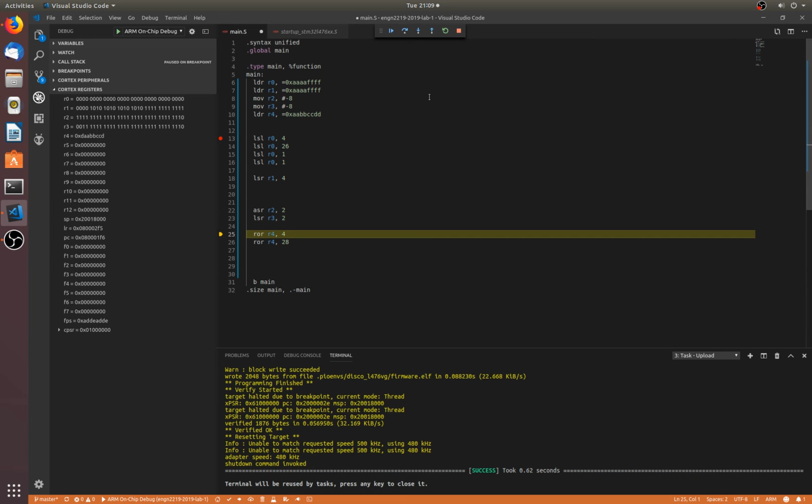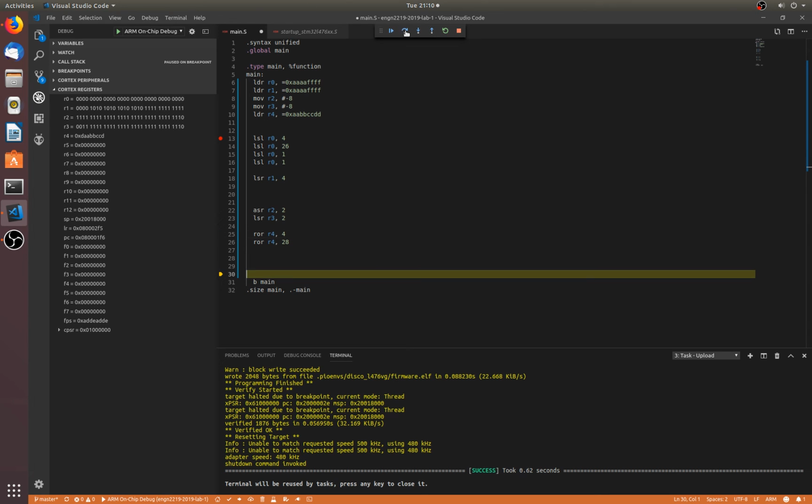Now, a question someone asked me at some point was, why is there not a rotate left? Well, remember that everything is going to wrap around, so we can do rotate lefts by rotating right a lot. Now, we're going to rotate right by 28 places, and this should be the same as rotating left by 4 places. There we go.